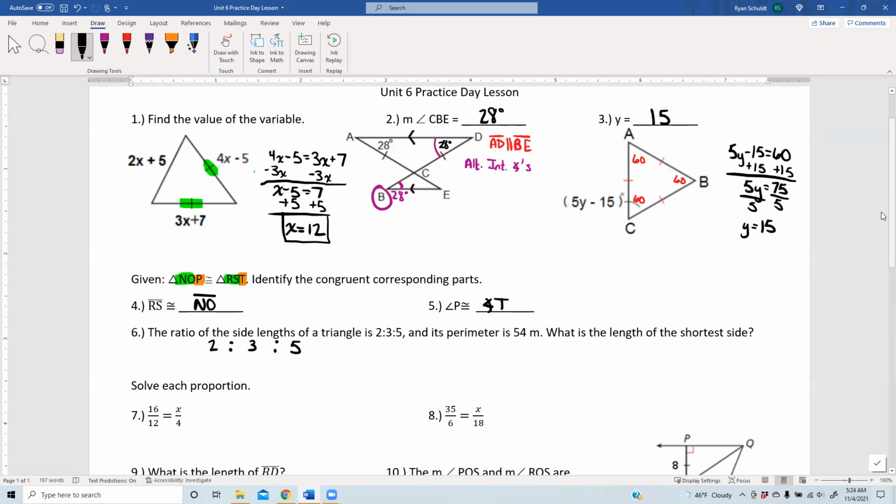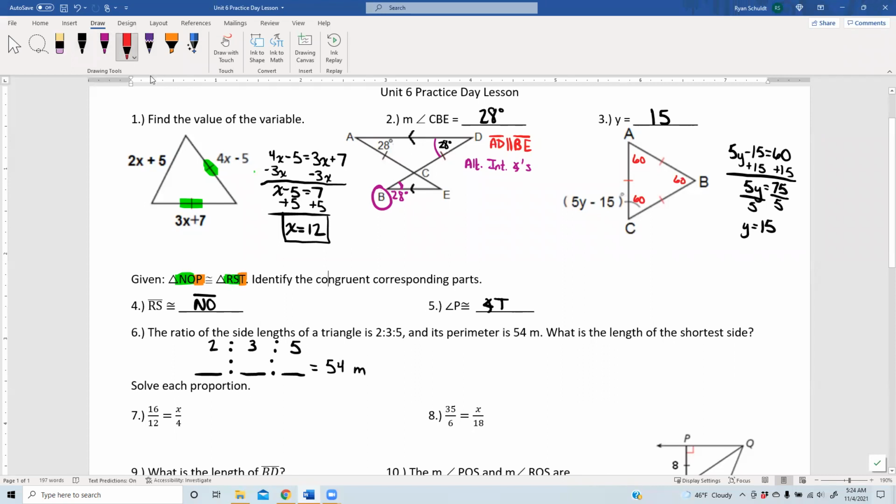Now, this is the reduced version of our actual side lengths. So I'm going to do some blanks here. These are our actual sides. We don't know what they are yet, but we will. Together, the actual ones have to give us 54 meters. If not, we made a mistake somewhere because it says the perimeter is 54.